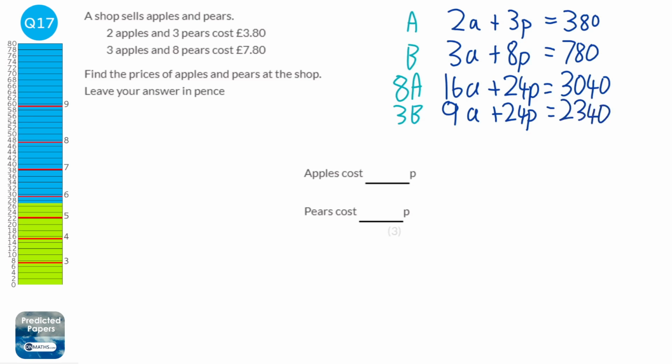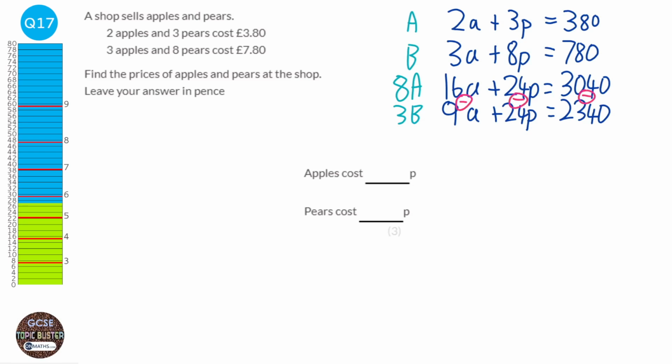So now we've got both of these with the same coefficient. What we can do is eliminate going downwards. If they are the same, the S in same is the S in subtract. If they were different signs, so if one of them was negative, different, the D in different is the D in add. Here they are the same, so we are going to subtract going downwards.